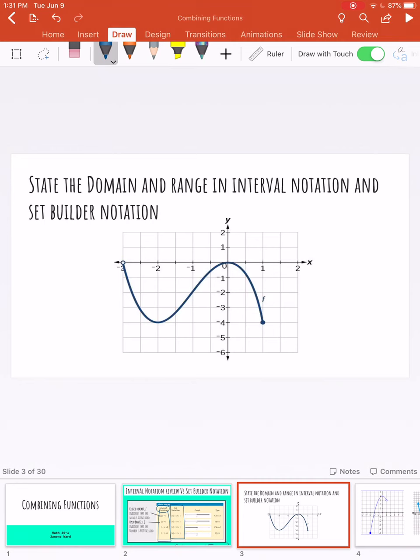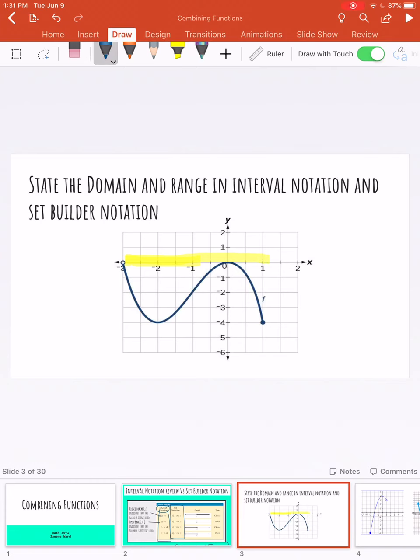It says state the domain and range in interval notation. With domain, just as a review, we're always looking at our x-axis. The furthest I go to the left is -3. However, notice that's an open dot, so it does not include -3. The furthest I go to the right is +1.